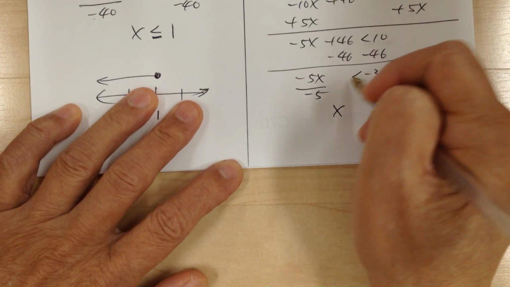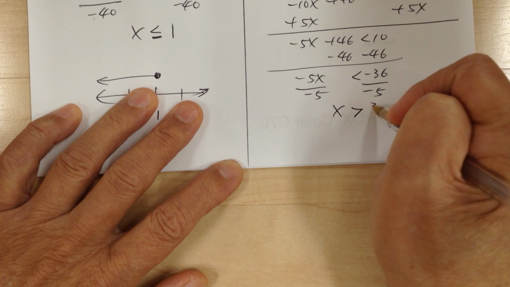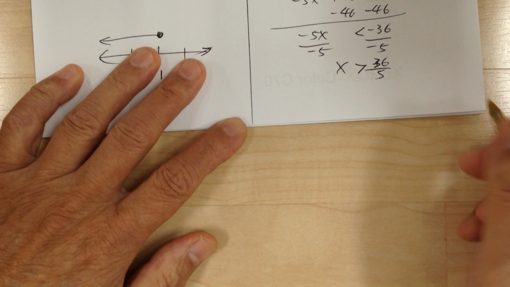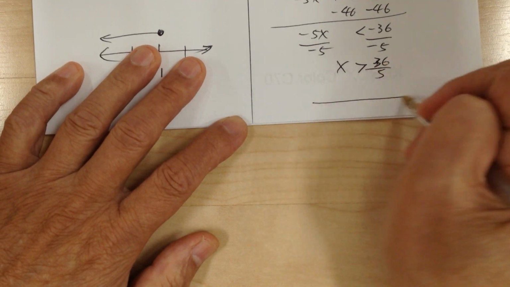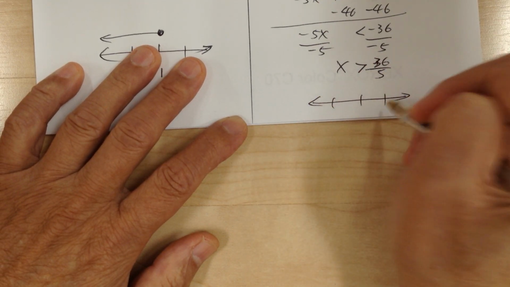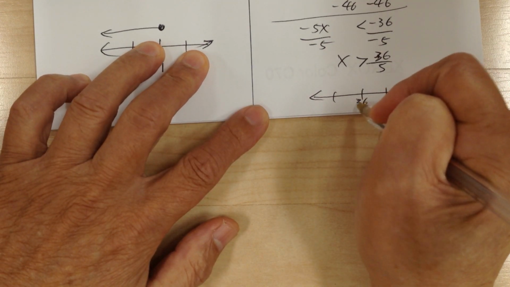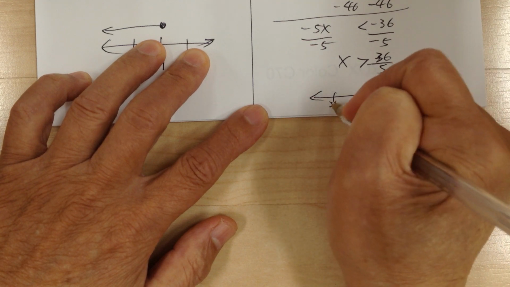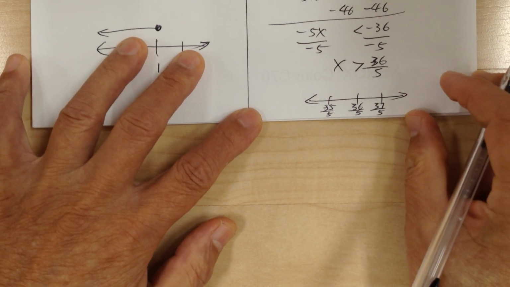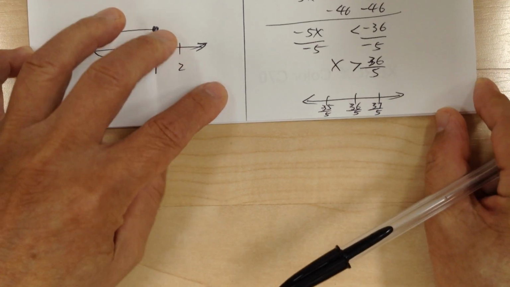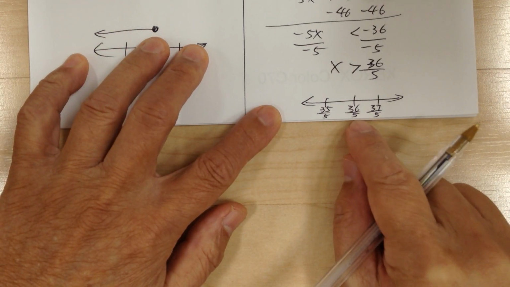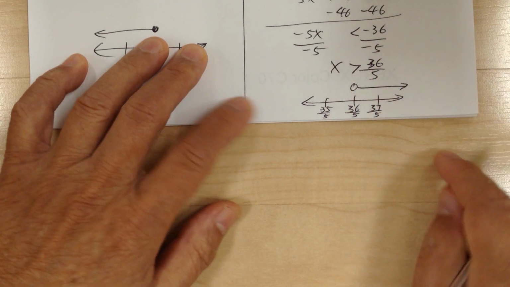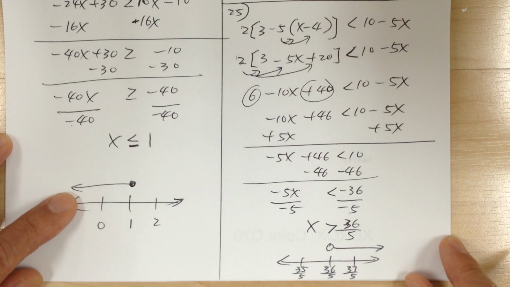So x, again, when you divide by negative number, you have to change direction. Okay. And again, when you graph this over here, you get three numbers, right? So you got 36/5. You're going to get 37/5, and you get 35/5. Okay, so it's okay if you don't have to convert into mixed numbers. Just leave it as improper fraction. That's fine. Okay, and that's what you have to do.